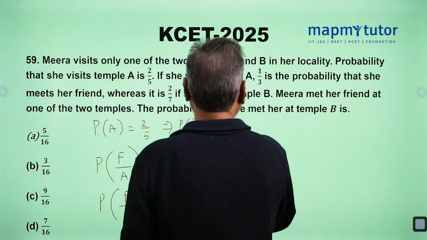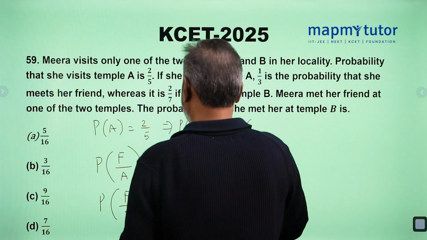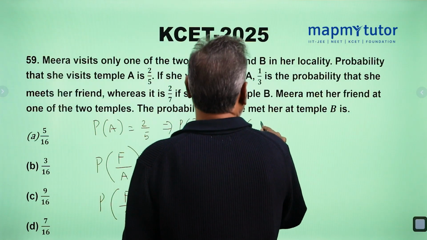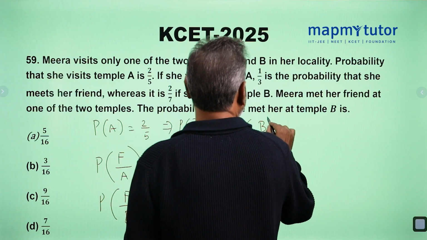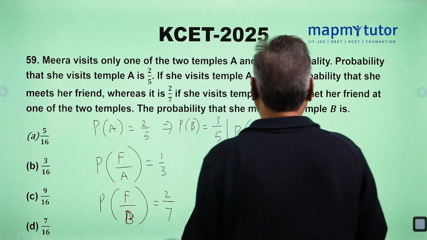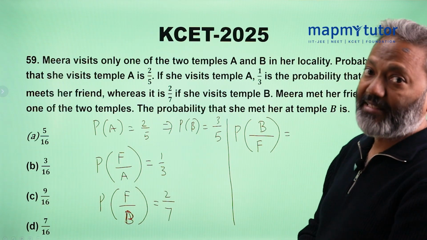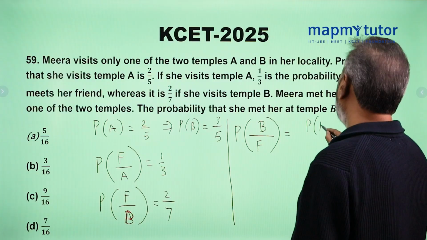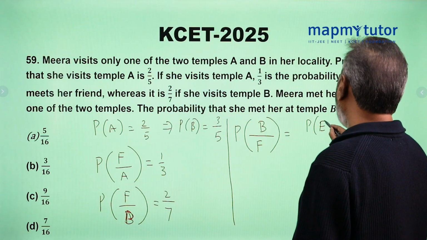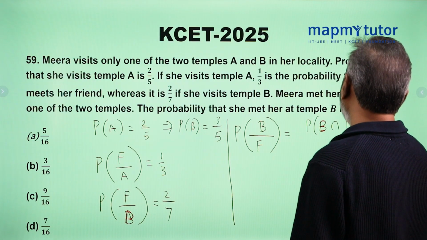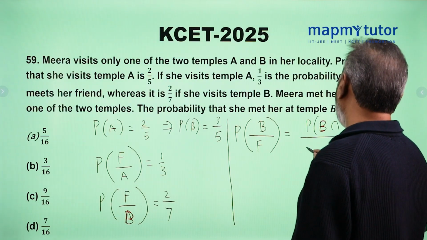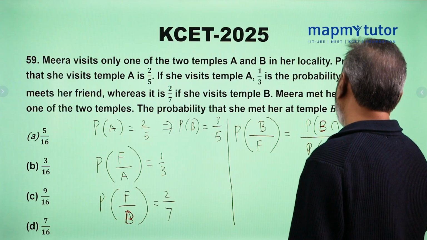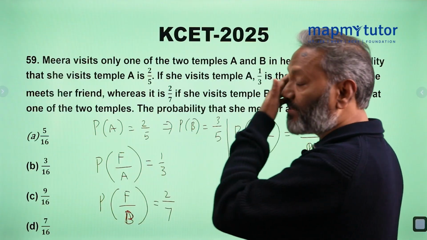That means she already met her friend. Then what is the chance that she met her friend at temple B? This is your favorable case. So, P of B given F. By definition, it is P of B intersection F by P of F. This P of F has two chances.